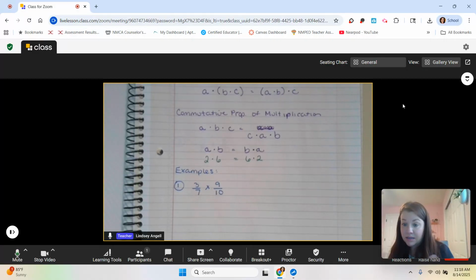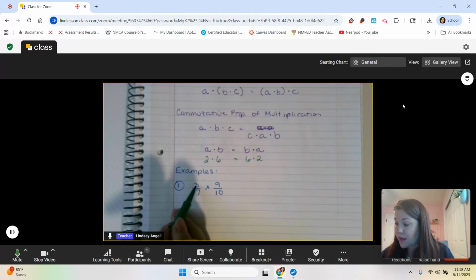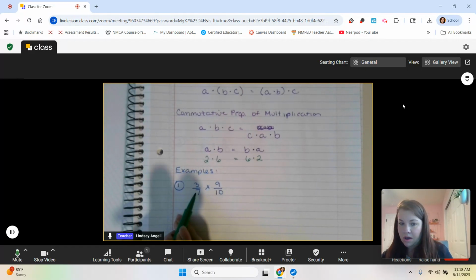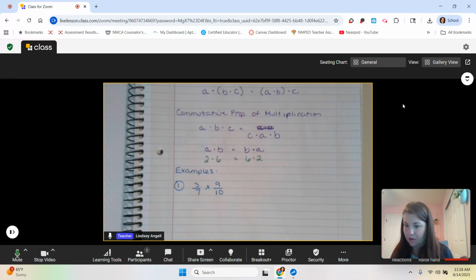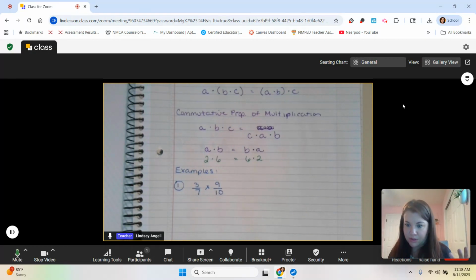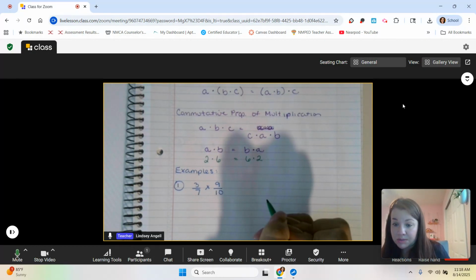In this case, the answer is no. 3 does not have any common factors with 7 and 10. 9 does not have any common factors with 7 and 10. So I can't pull anything out, I can't pre-reduce it. So I'm just going to multiply.